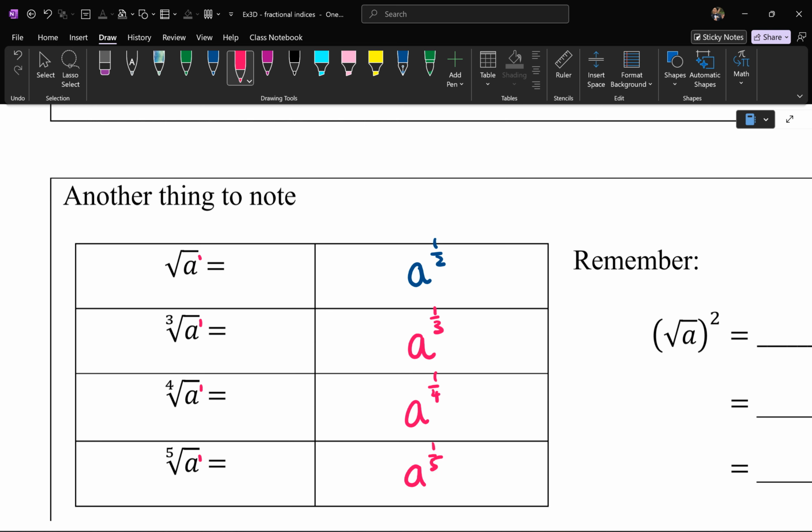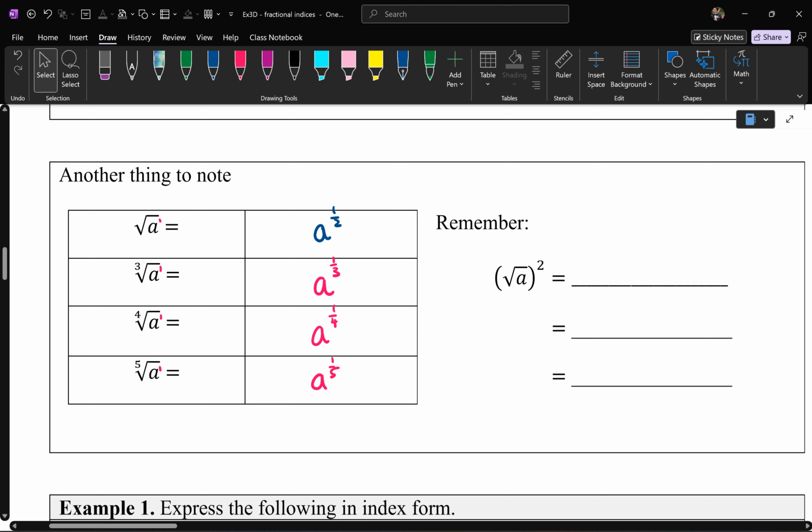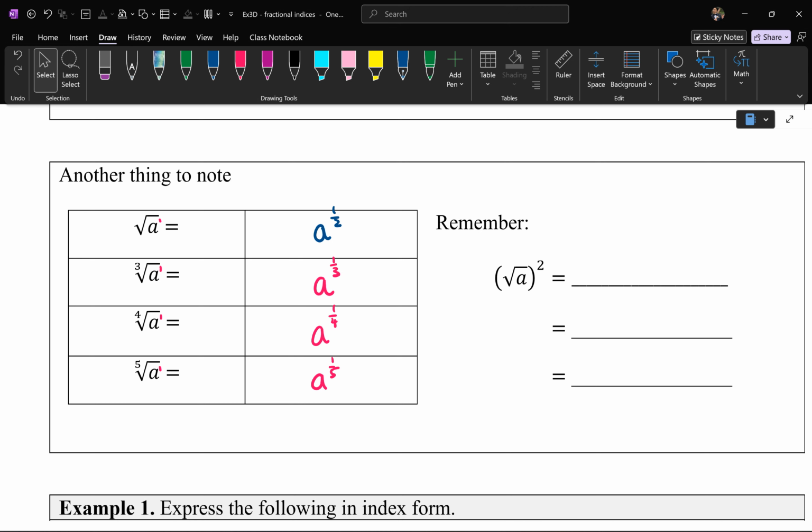Now these are very useful to understand, especially when you're starting doing surds and you're trying to simplify a problem. On the side I wrote remember, because we know that the inverse of squaring, or the opposite of squaring, is square root. Just like the opposite of adding is subtracting, and the opposite of times is divide.